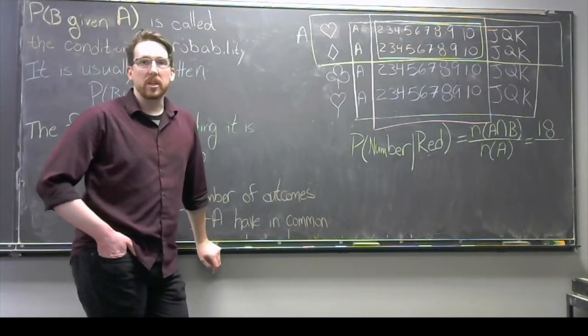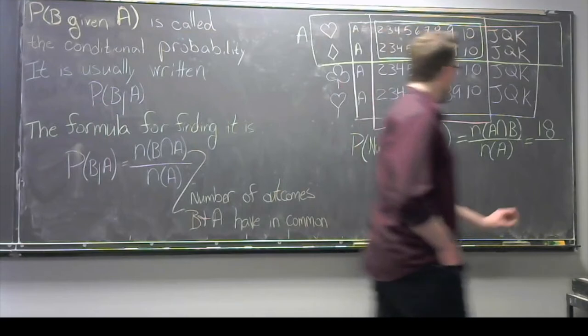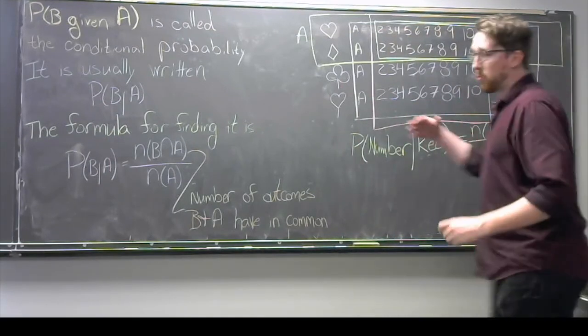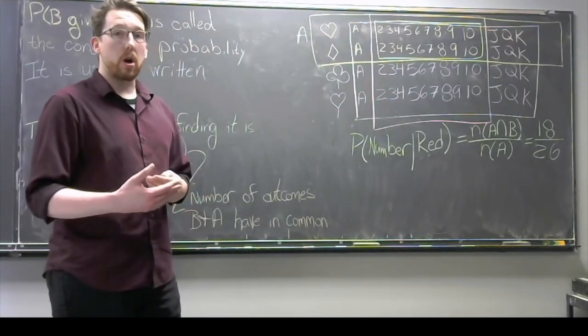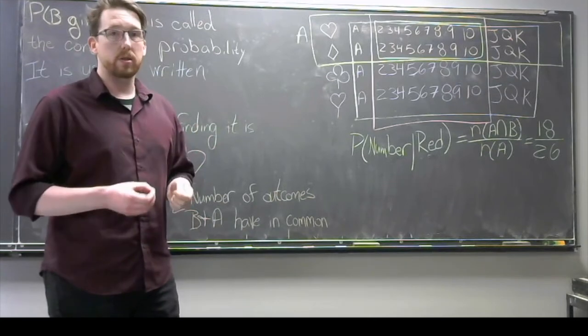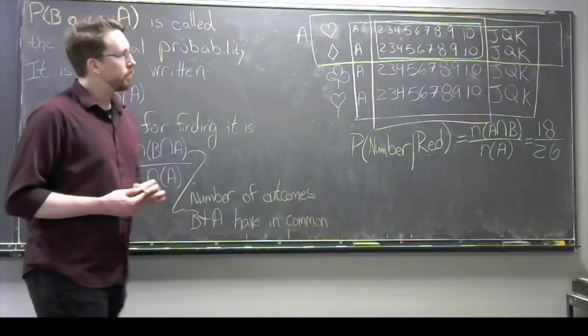Well, there's going to be 26. It's half the deck. So the probability of pulling a numbered card, assuming we restrict ourselves to just red cards, is going to be 18 out of 26.